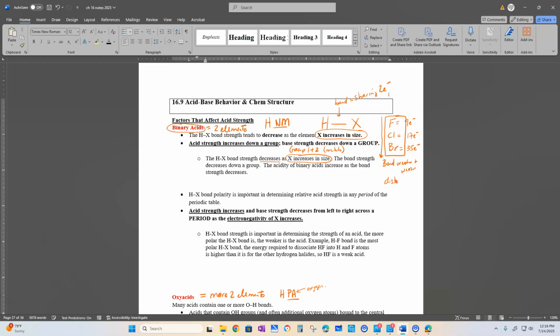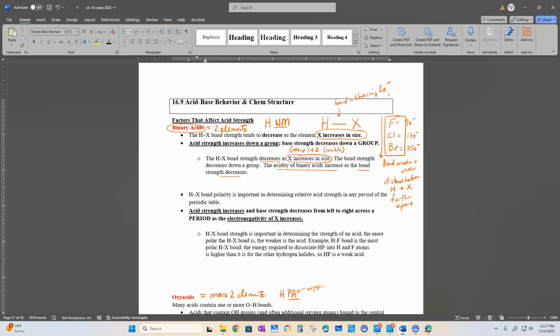Because the distance between the H and that nonmetal is further apart. Okay, so the strength of the acid will increase as the bond strength decreases. As you go down the group, the bond strength decreases and the acid will get stronger and stronger because the distance between them is further and further away, because you can break the bonds much easier when they are further apart.